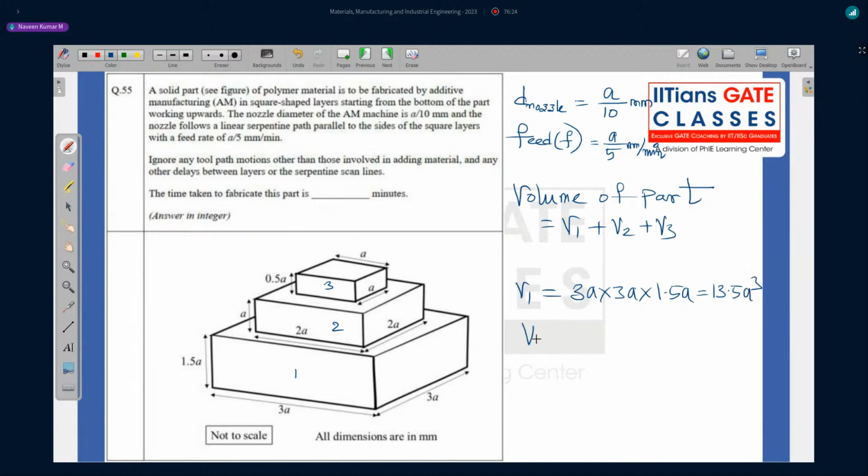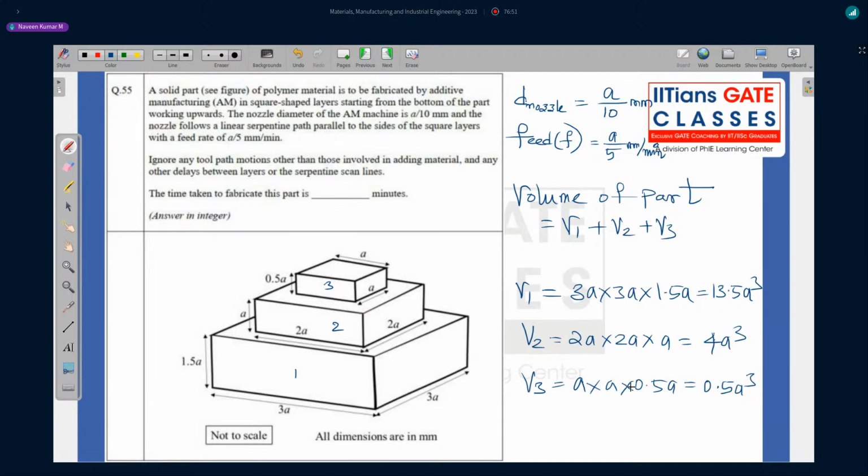V2 is 2A into 2A into A, because width, length, and height, so it is 4A cube. And V3 is A into A into 0.5A, that is 0.5A cube.